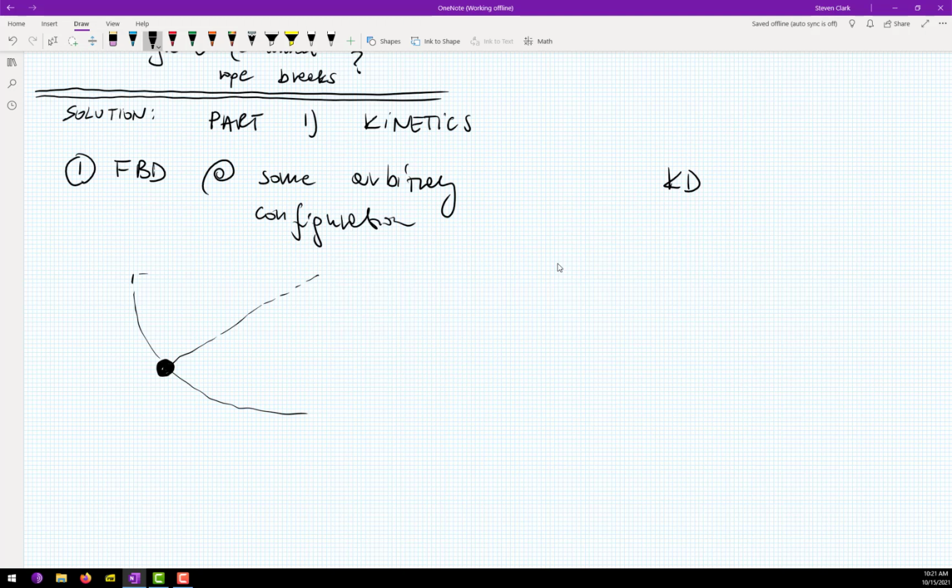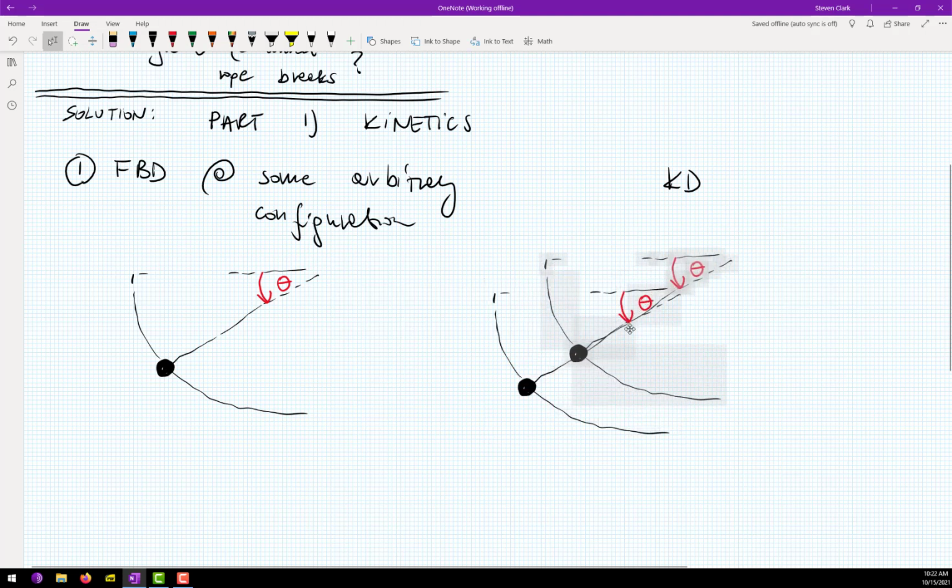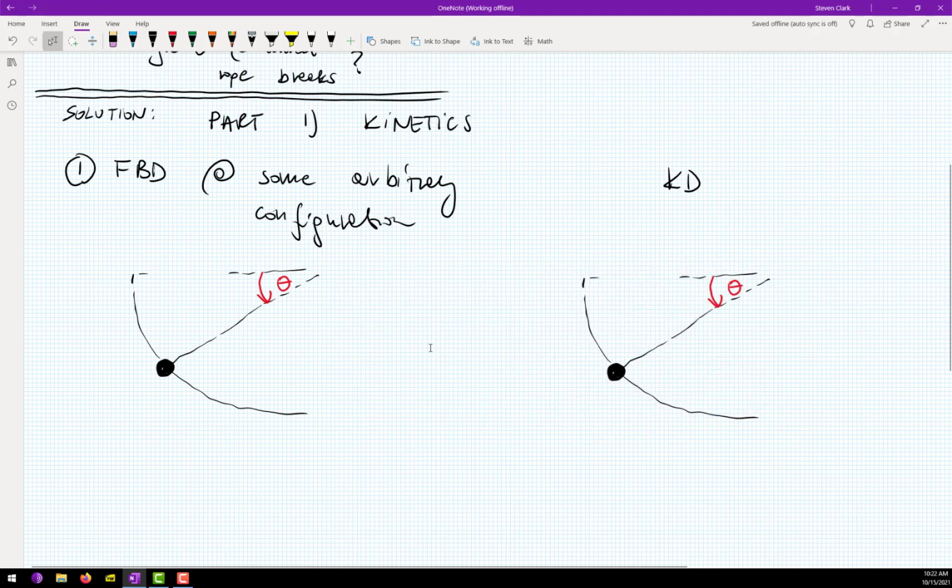So this is our particle. This is our angle theta. And what forces act on our particle? And the same drawing here, of course. I will copy, I will paste.